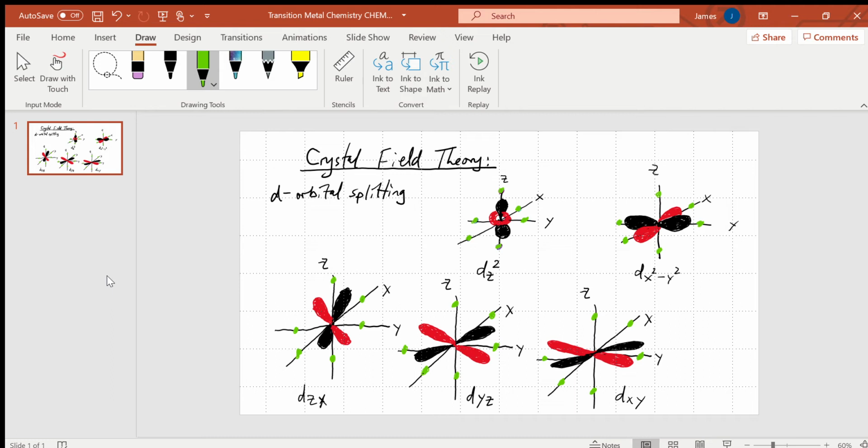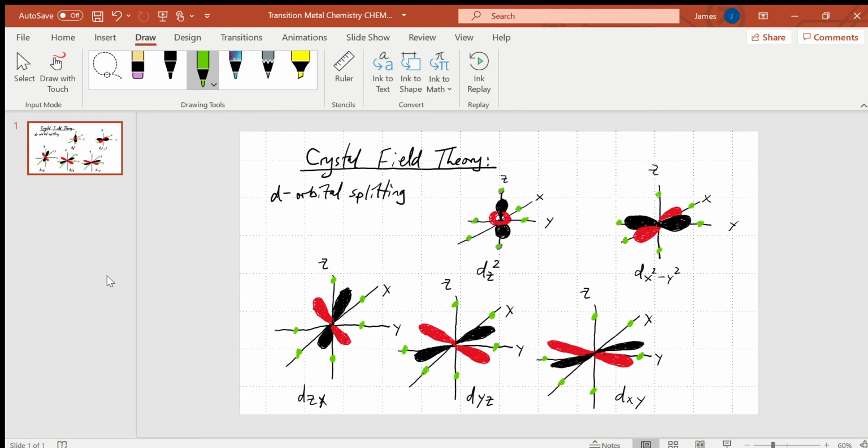So these green spheres represent 6 ligands. Imagine these 6 ligands are full of electrical charge. There's going to be an interaction between the electric field brought about by these green electric charges and the electrons which are allowed to reside within the d orbital.